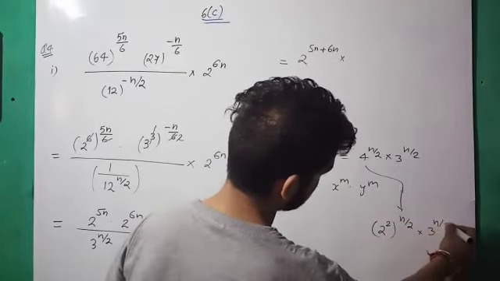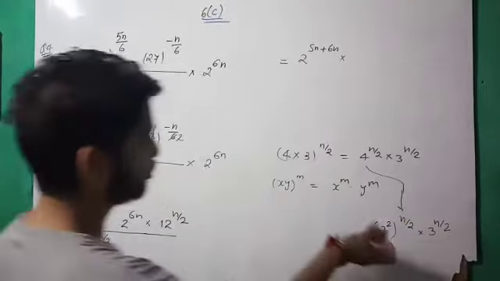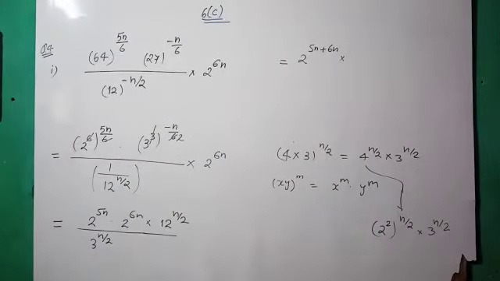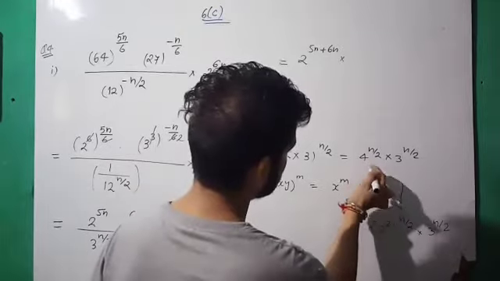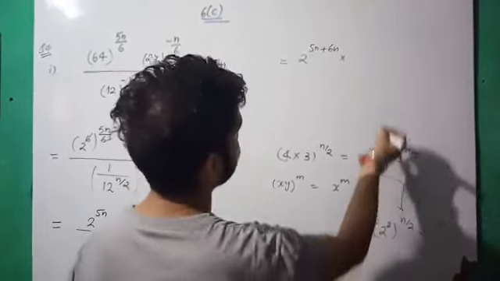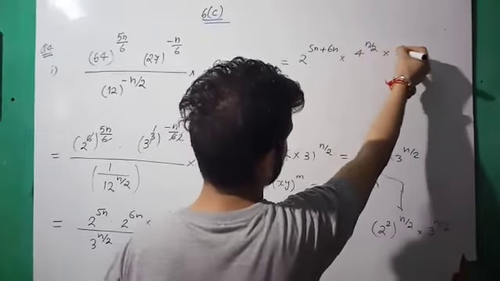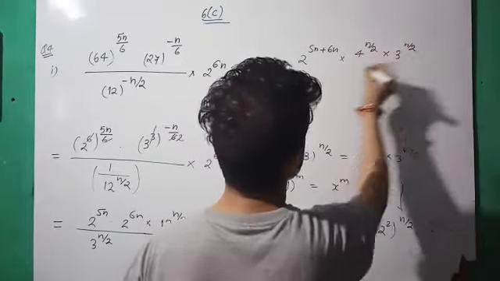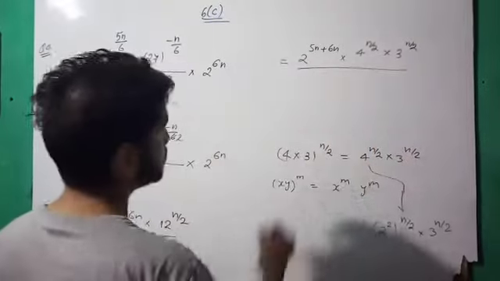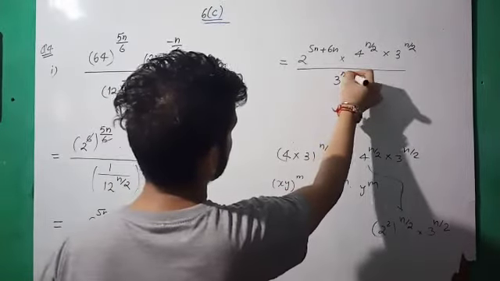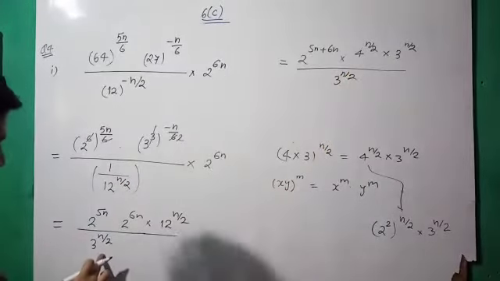This is just a simplification method. You don't have to do all this in your test copy or in your exams. These are simplification steps you have to do in rough. Then 4 to the power n by 2 into 3 to the power n by 2, upon 3 to the power n by 2. Can we cancel 3 to the power n by 2 with this?